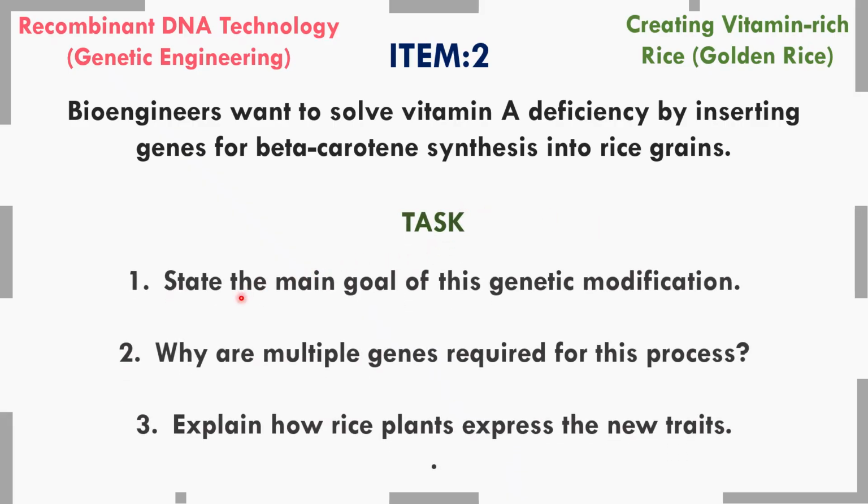Task: state the main goal of this genetic modification. Why are multiple genes required for this process? Explain how the rice plant expresses the new trait.